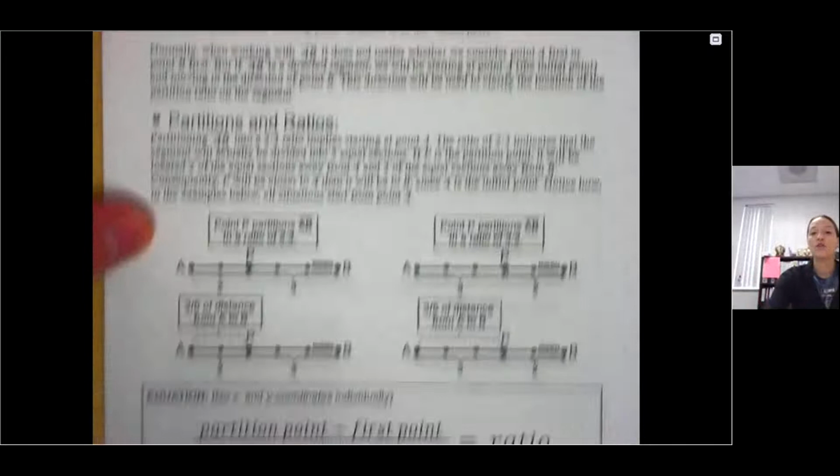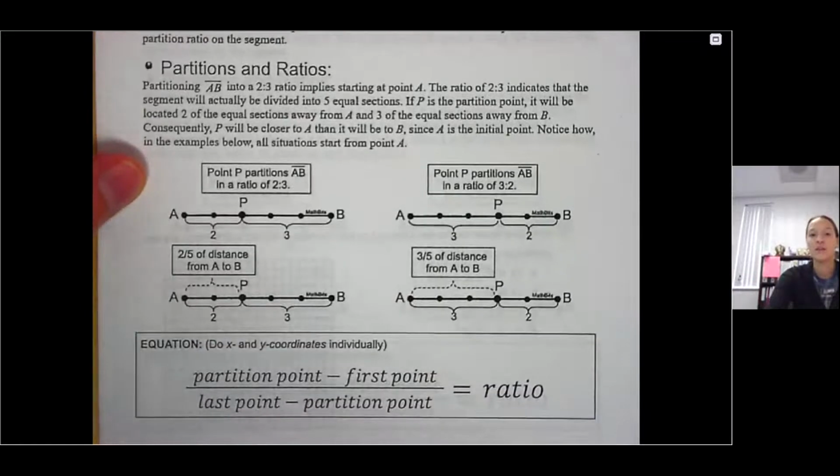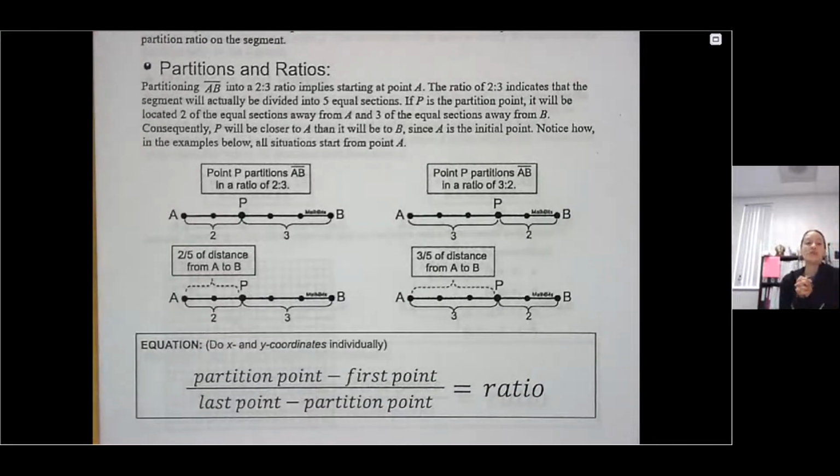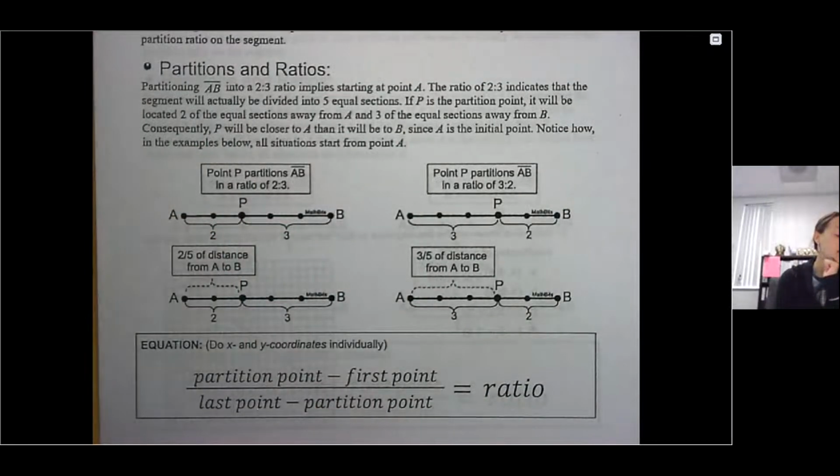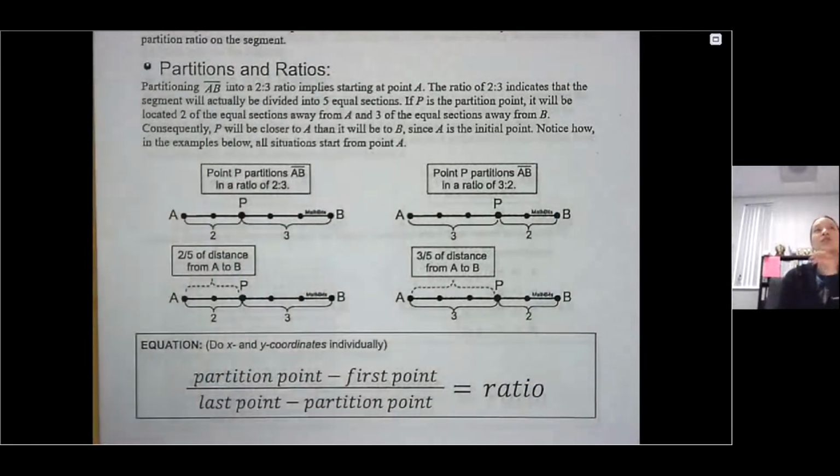Okay, so partitioning a segment into a 2 to 3 ratio implies that if you start at point A at the beginning here, the ratio of 2 to 3 indicates the segment will be divided into 5 equal sections. A ratio is taking the whole segment and breaking it down into smaller pieces.